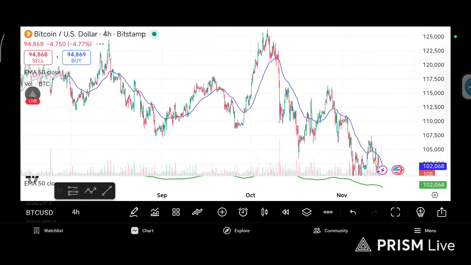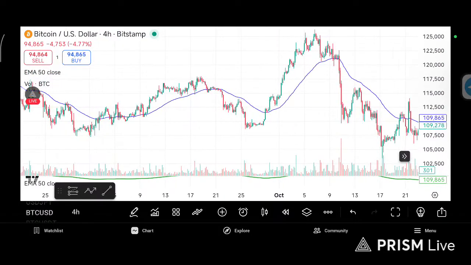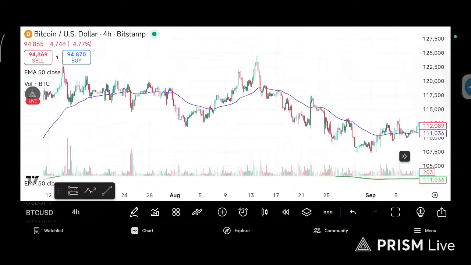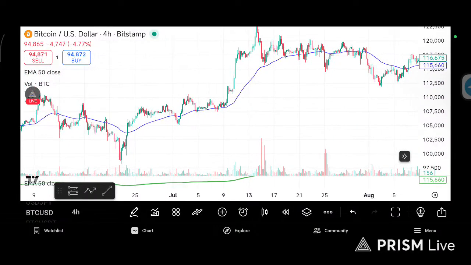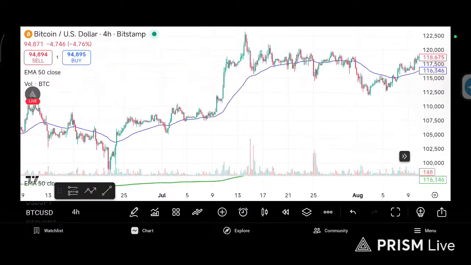This is BTC, so US dollar. So I want to explain it well for you guys.